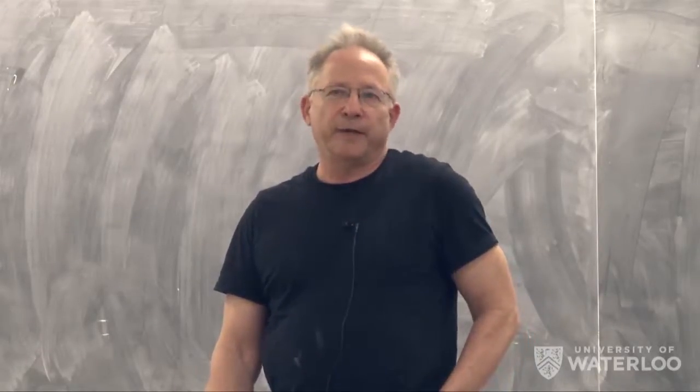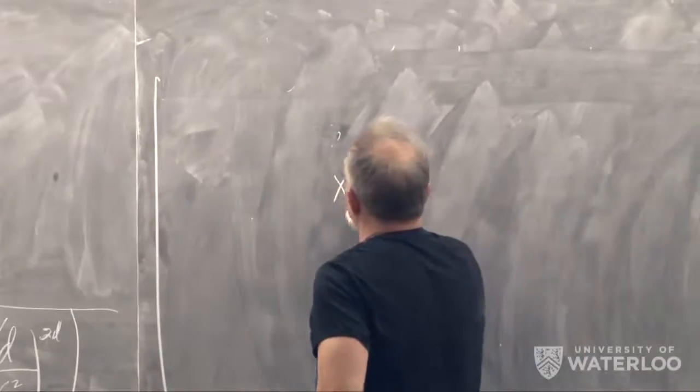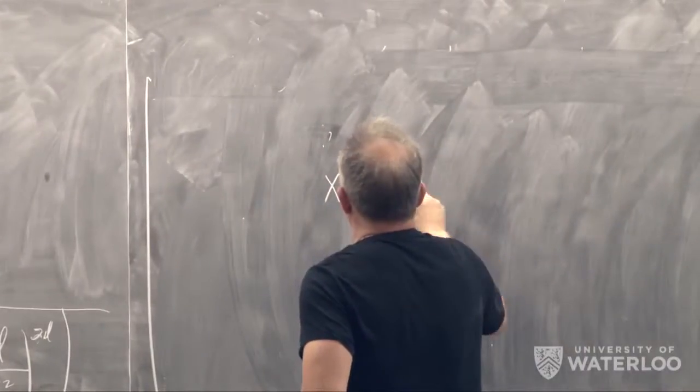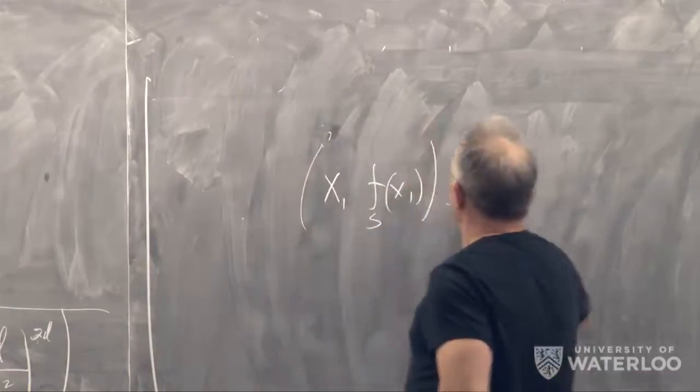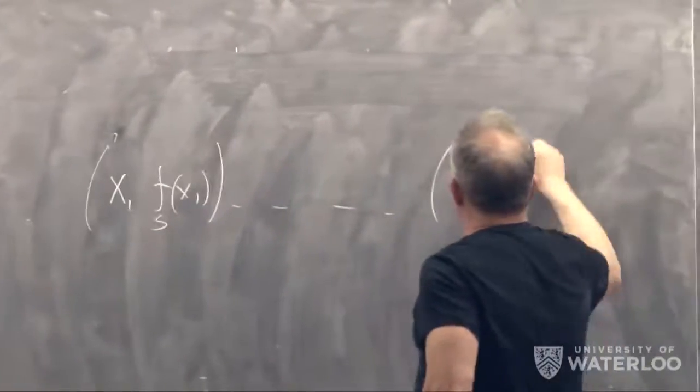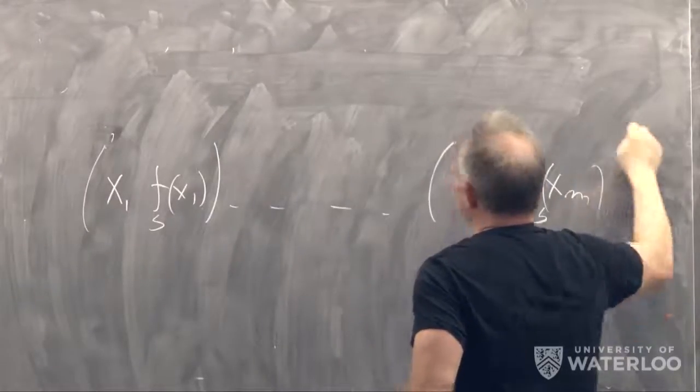No, you don't find out what Sn is. You get x1, f of x1, and this is f of some s, but you don't know which s it is. You get xm, f of xm, same s. This was your lunch break attack.